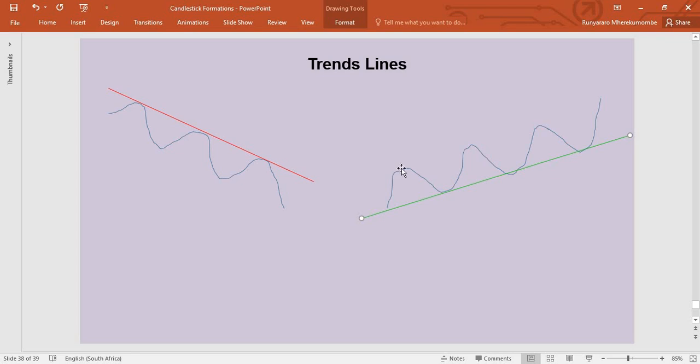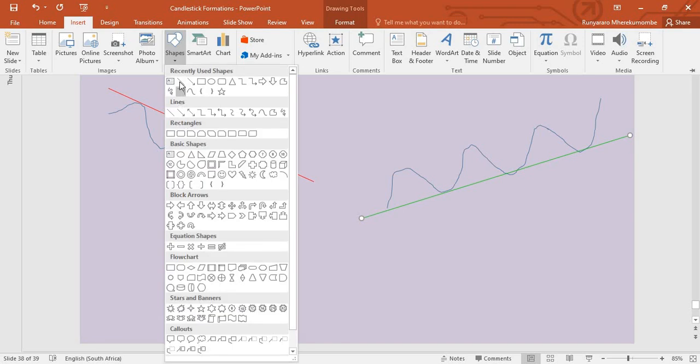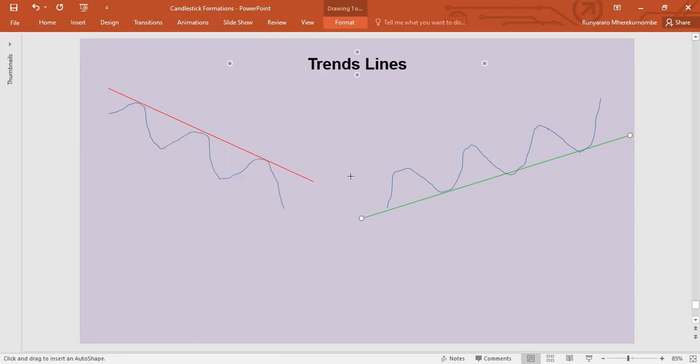Now from the first swing high that we had, we are going to draw a line that is parallel to the green line, like this. Then what we have here is the trend line in green, and here we call it the channel line.